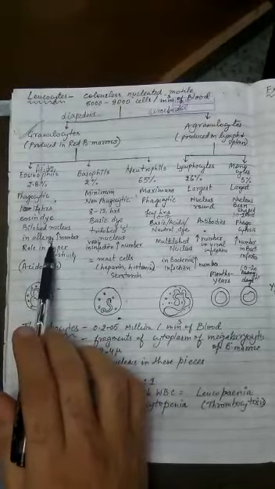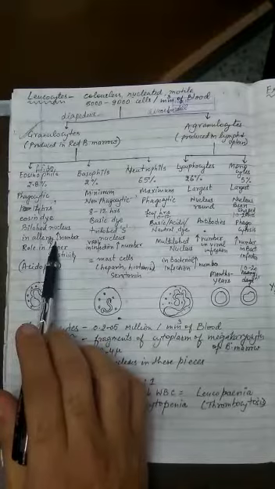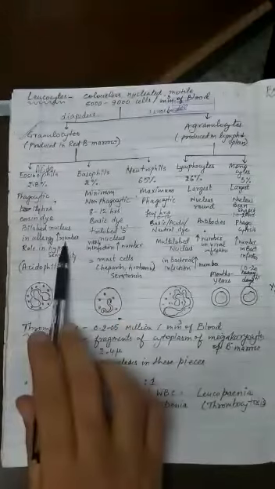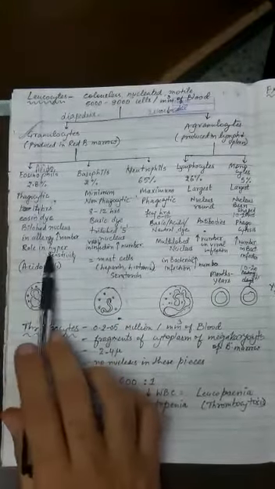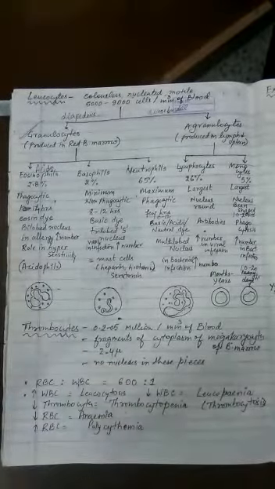So whenever we have an allergic response, there will be a quick increase in the number of eosinophils, and this means that they are involved in the hypersensitivity which is shown by the body.